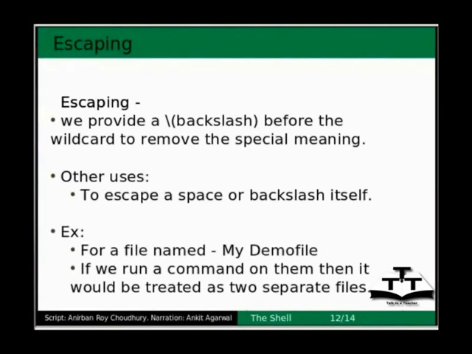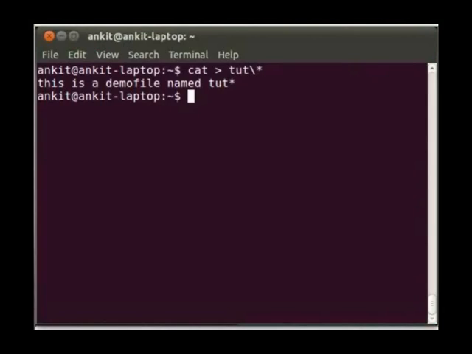Sometimes there exist files whose names have a space. Say we have a file named my space demo file. Now if we run a command on them, they would be treated as two separate files. Say we type wc space my space demo file.